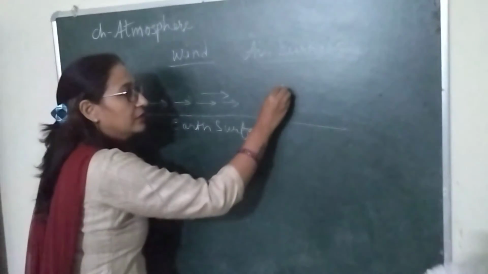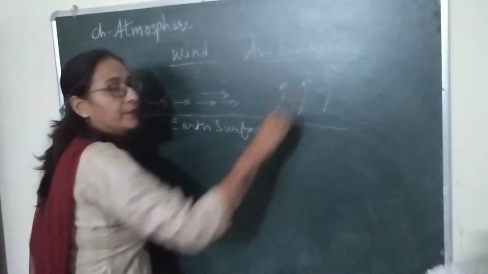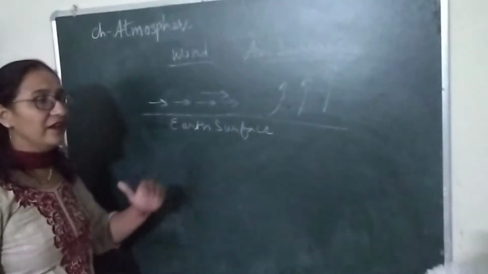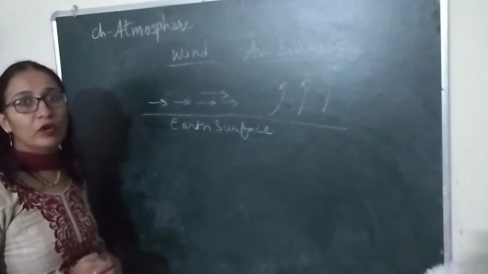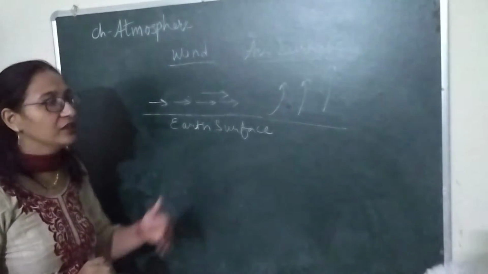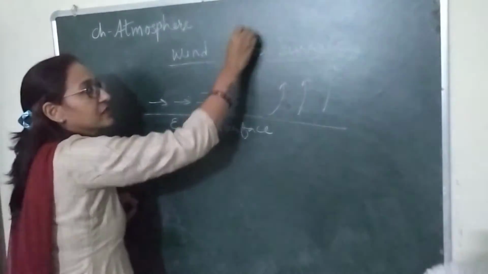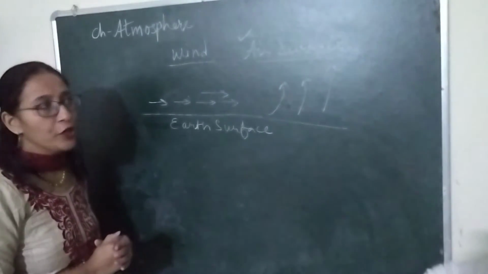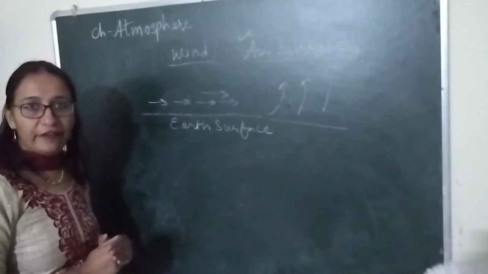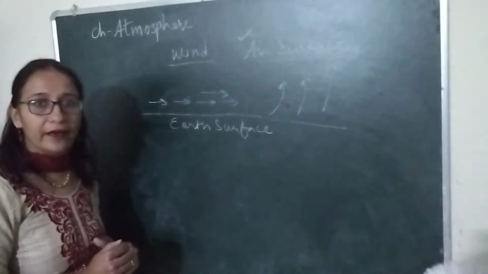As a result, the warm air rises upward. So when the air blow in a vertical direction relative to the earth's surface is known as air current. So these are the two important definitions, wind and air current.